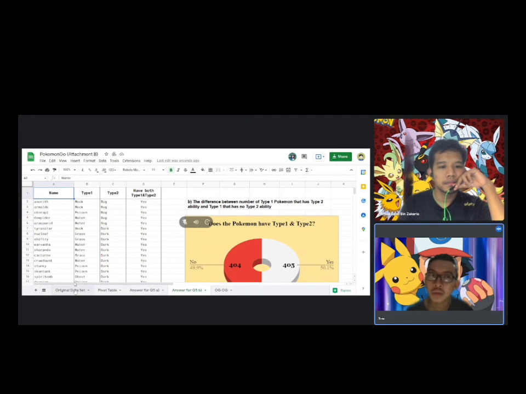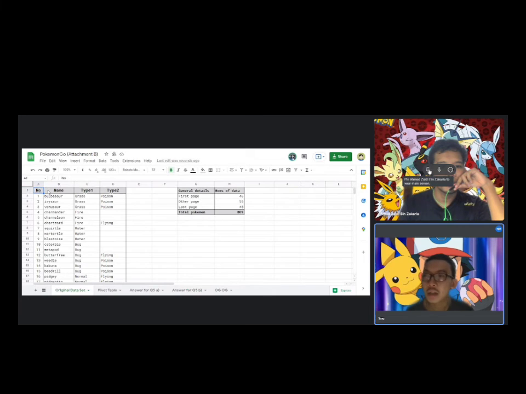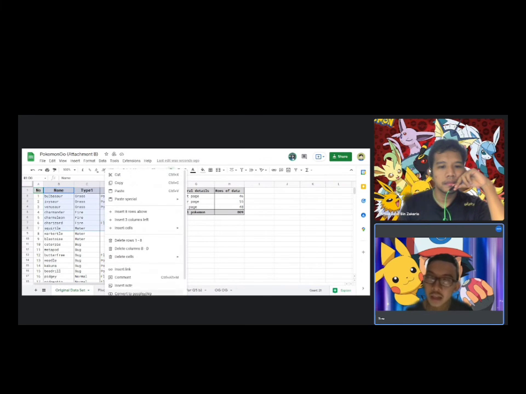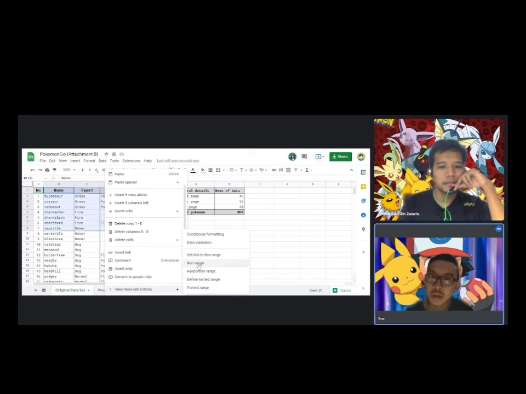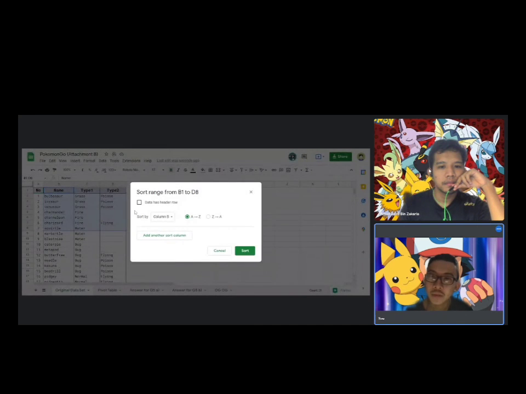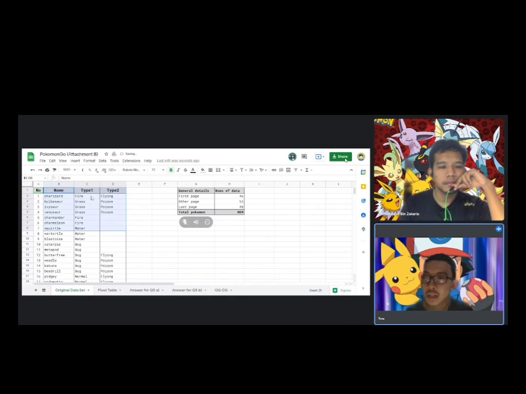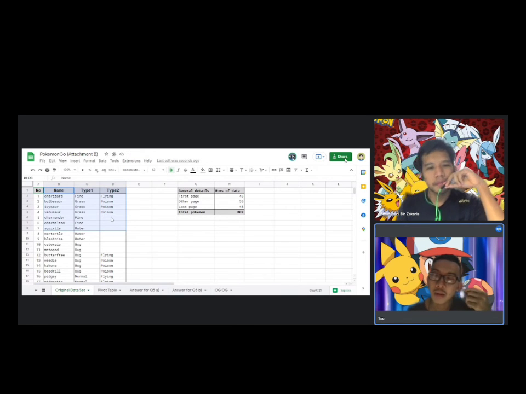In the original data set, you select the headers and all the Pokemon, then right click, sort, choose data has header row, and click type 2. Then you can see it sorted in alphabetical order, with the Pokemon that have type 2 abilities at the top.